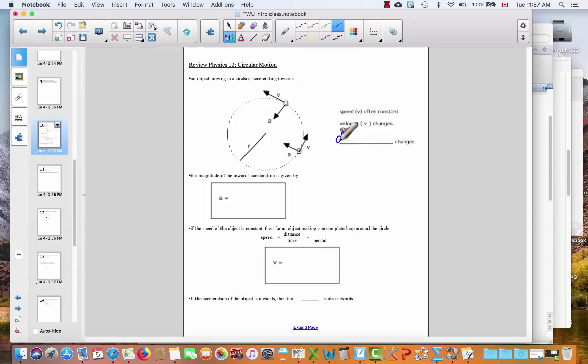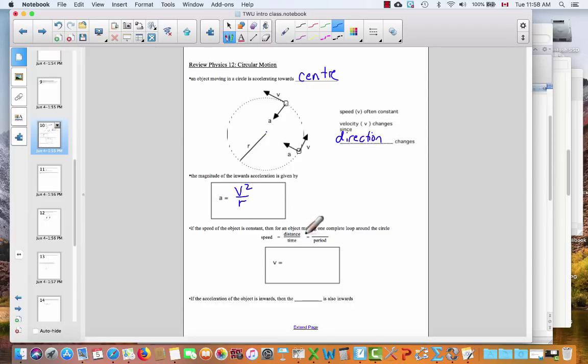Because the direction changes, that makes the vectors different, and that means there's a velocity change, and that means there's an acceleration. Now it turns out that the direction of the acceleration is inwards towards the center of the circle, as indicated on this graphic, and it has magnitude v squared over r.